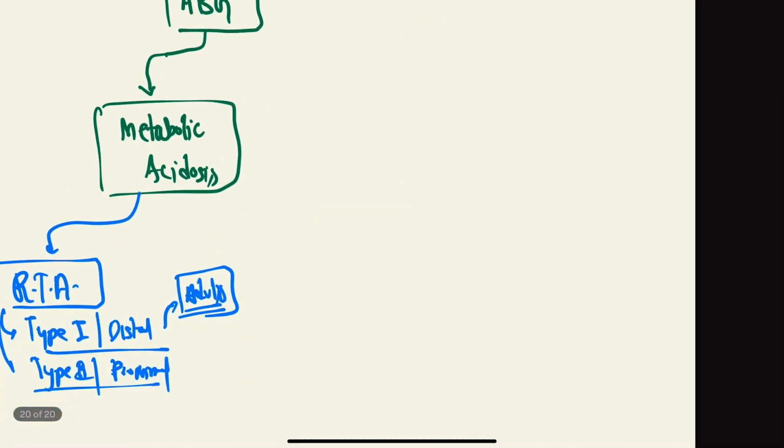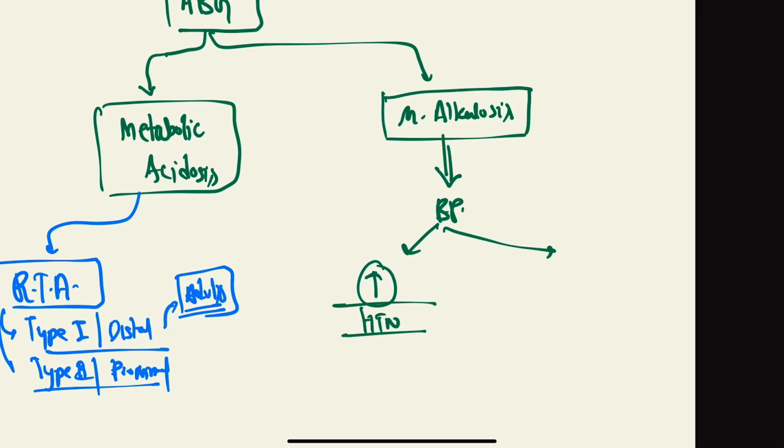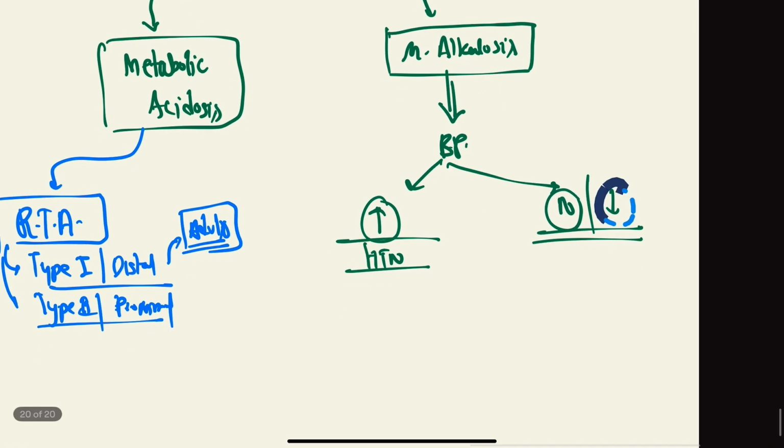If the ABG shows metabolic alkalosis, then how do we proceed? We see if there is hypertension or not. We check the BP: if it is elevated, there is hypertension, or if it is normal or low normal.